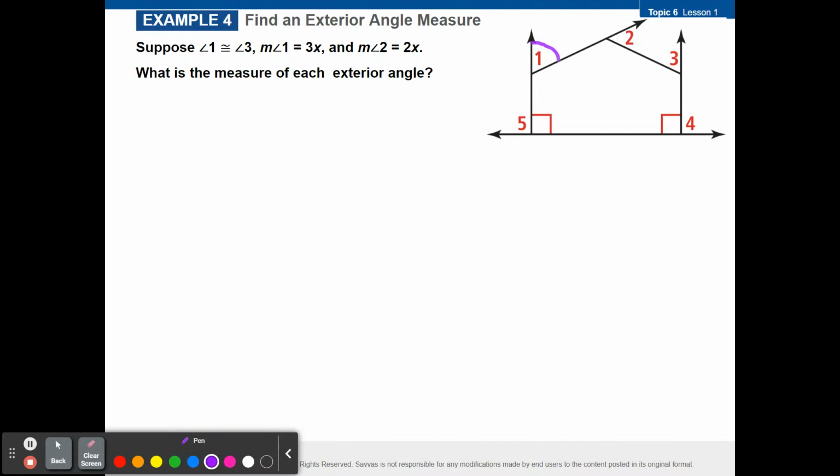So angle 1 is congruent with angle 3. The measure of angle 1 is 3x. And the measure of angle 2, right here, is 2x, sorry. All right, there's something I want you to be aware of because this is a common mistake that students make.